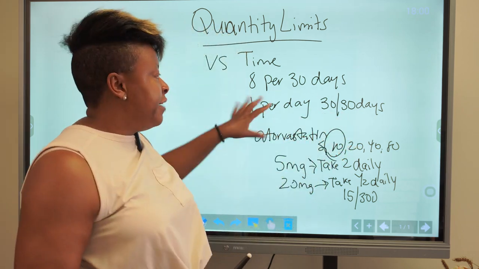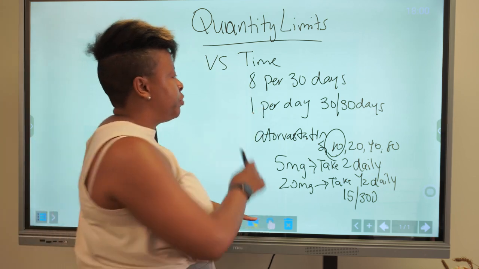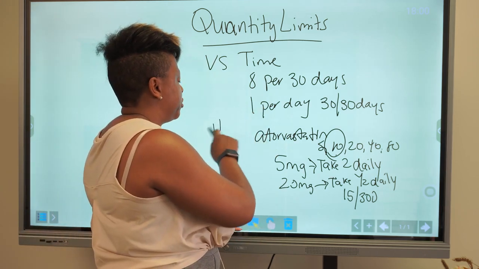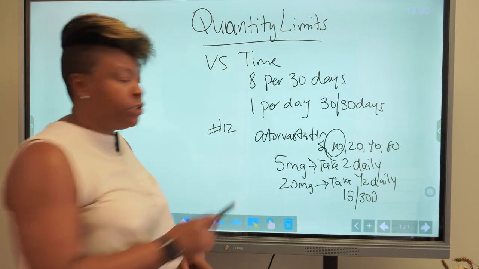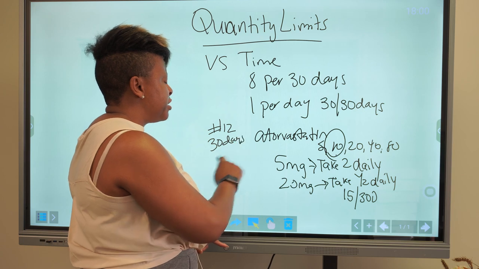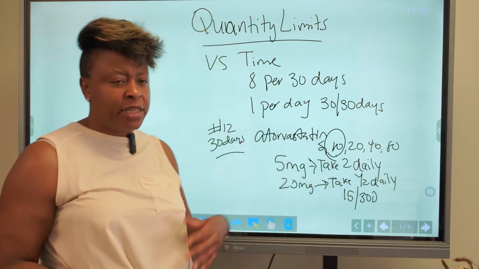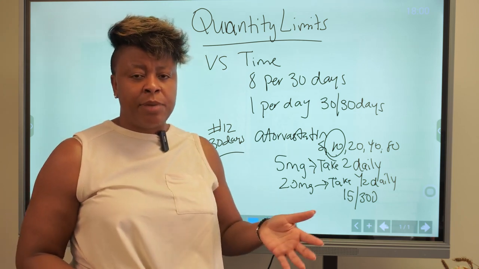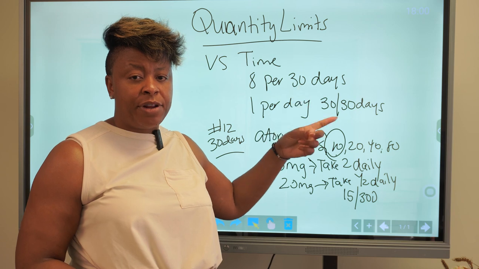Another thing is, say for this quantity versus time, if the doctor wrote you a prescription for 12 that was supposed to last you for 30 days, and it's a new prescription. Usually this is around headache medicine. Say you get to the pharmacy counter and they say, oh, the insurance company won't pay for the full 12. They're only allowing you to get 8 for a 30-day supply.